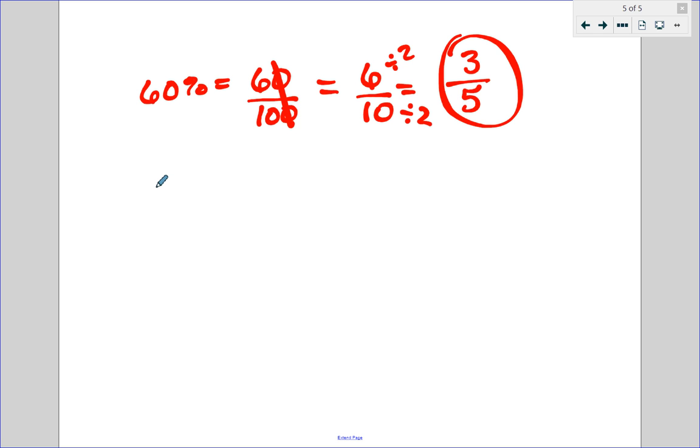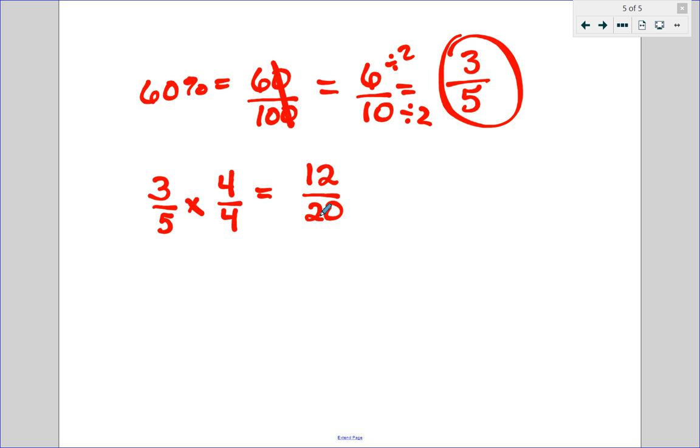Let's do some multiplication of fractions and reduce them. What if we have 3/5 times, let's just do 4/4. 3/5 times 4/4. 3 times 4 is 12. 5 times 4 is 20.